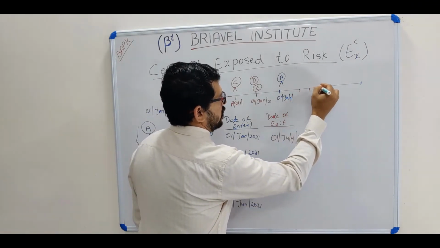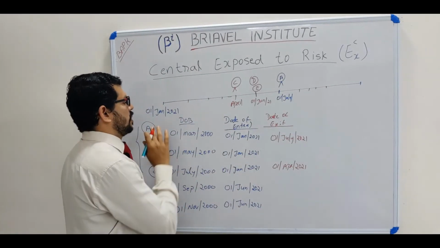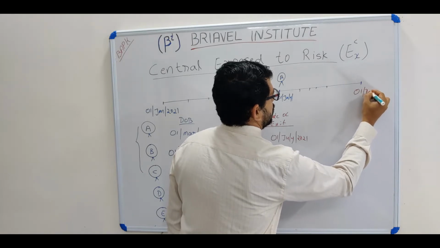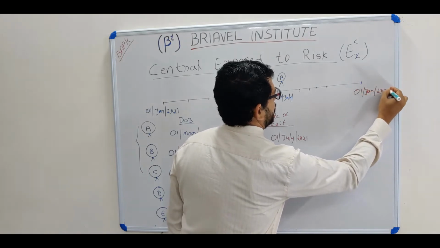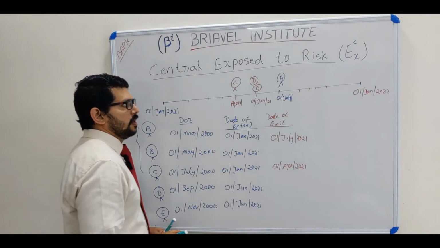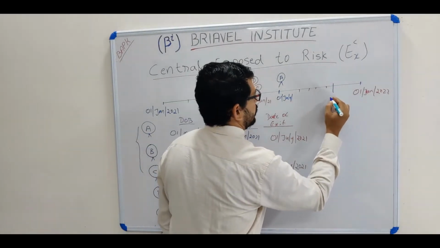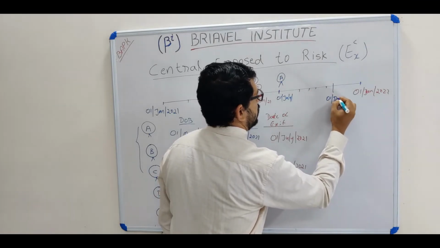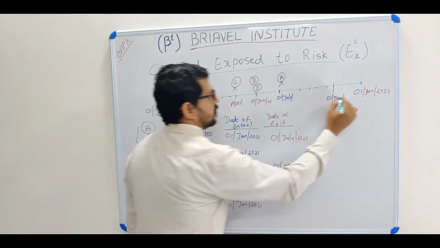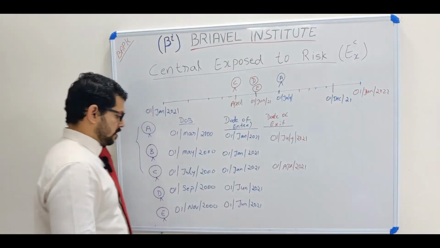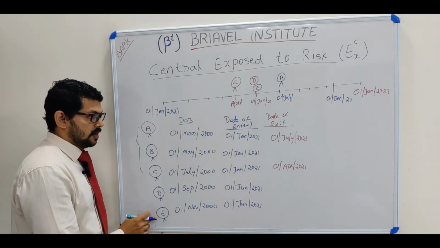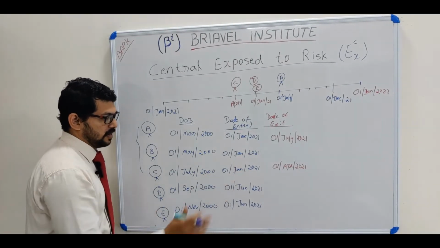August, September, October, November. Our observation is up to 1st January 2022. But on the 1st of December, again a tiger attacked this fellow, the 5th person, and this fellow also died.